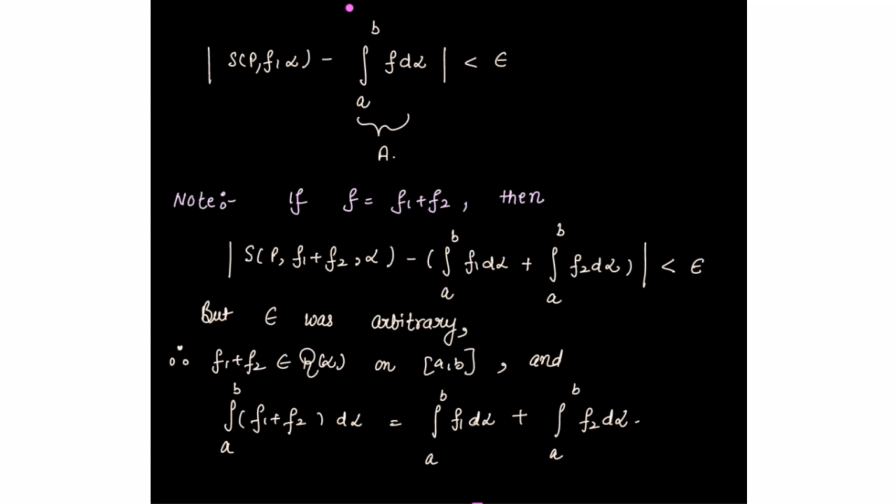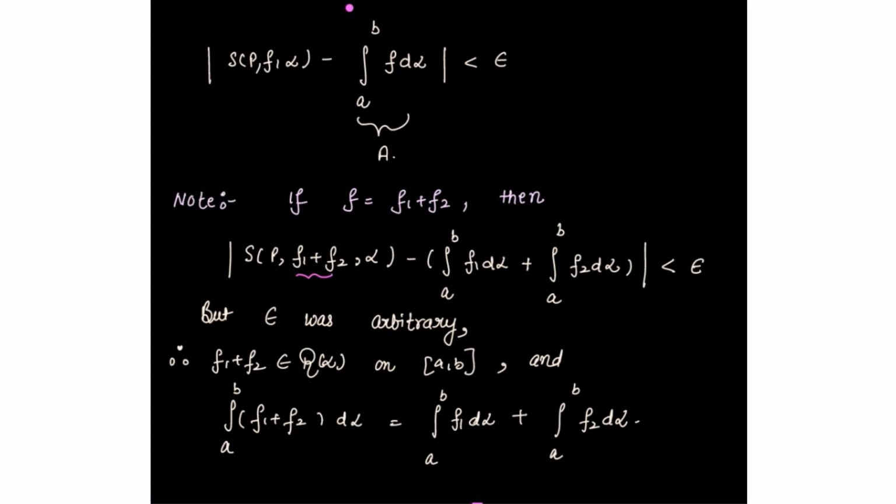The third note is, if your f is a sum or difference of functions, then if you take the modulus of S(P, f1 plus f2, α) minus the integral from a to b of f1 dα plus the integral from a to b of f2 dα, this modulus will be strictly less than epsilon. If this happens, and epsilon was arbitrary, then f1 plus f2 is Riemann integrable on [a, b], and the integral of the sum equals the integral of f1 plus the integral of f2.